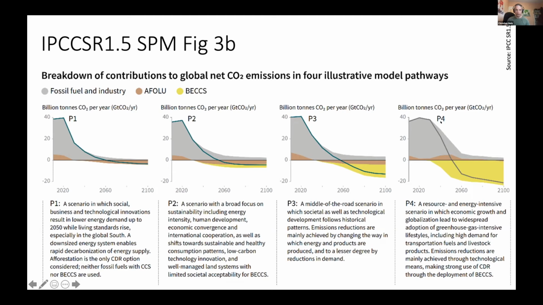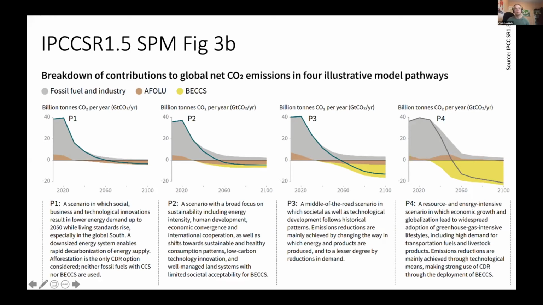They all do that, but they differ quite substantially in terms of how much negative emissions or carbon dioxide removal they assume. So you have virtually none or none in the P1 scenario to a lot in the P4 scenario.